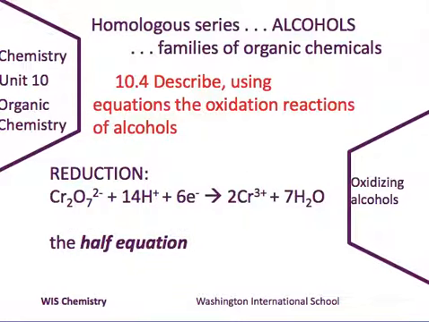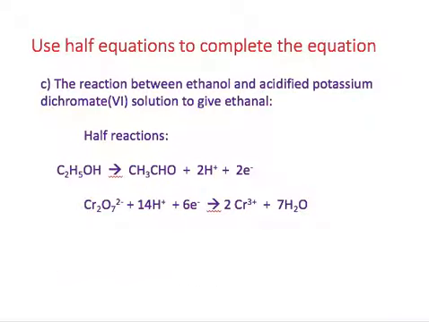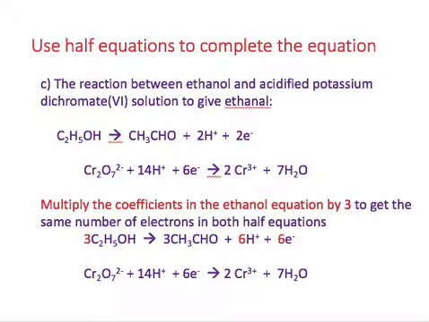We're going to compare that to the reduction half equation, and you'll see that one has 2 electrons on the right and the other has 6 electrons on the left. So the top equation will have to be multiplied by 3 in order to cancel out the electrons. And at the bottom, 2 equations show that has happened.